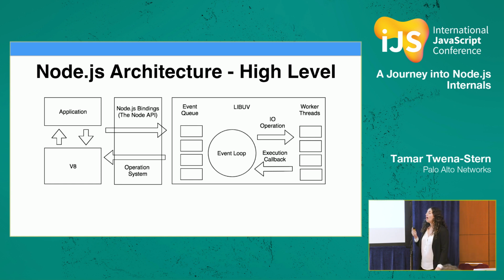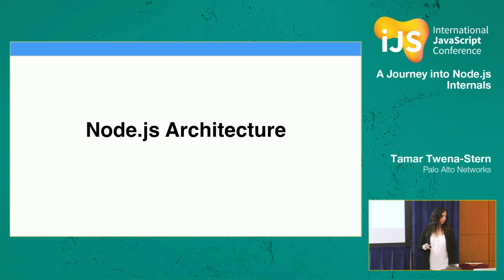The event loop itself is here to support the non-blocking I/O concept, but we'll get into it really soon. When a request comes, their callbacks are registered, and the event loop starts. And the event loop usually offloads I/O operations, asynchronous I/O operations, to the worker thread pool.